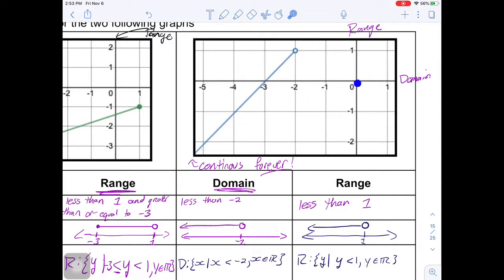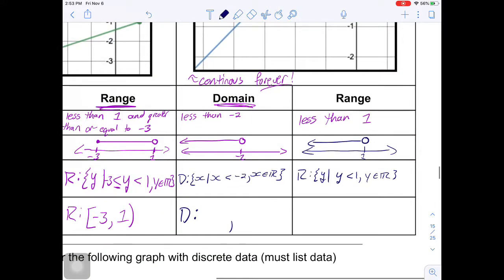Well, remember, this goes on forever. So our number, once we're smaller than -2, will go all the way to -infinity. So we could just keep going to the left of -2. So my smallest number is actually -infinity. And remember, we're going to use a rounded bracket because we never include -infinity. Okay?